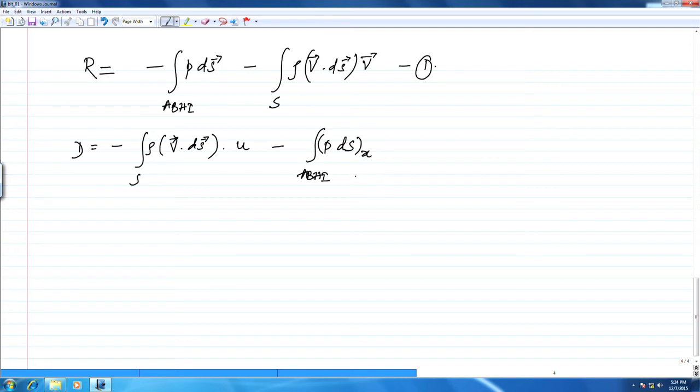You integrate that and take the component of the pressure force in the x direction.